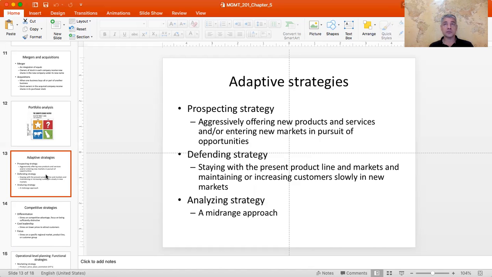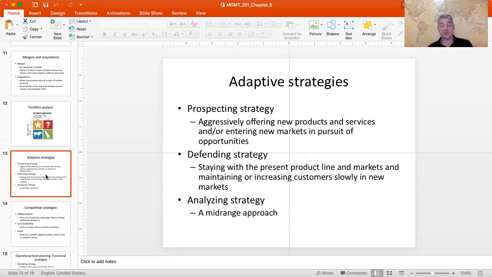Defending strategies is something entirely different, obviously. So here you try to stay with the present product line and markets and simply maintain or slowly increase customers in new markets. That is probably a better idea for family firms or entrepreneurial firms that do not have external shareholders that push them towards rapid expansion.